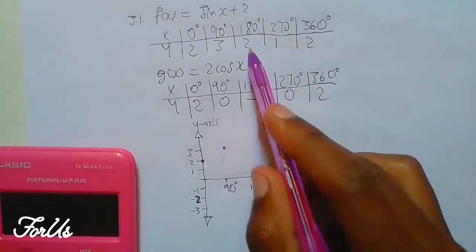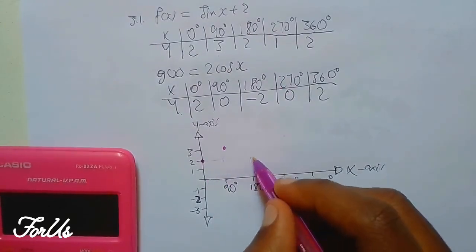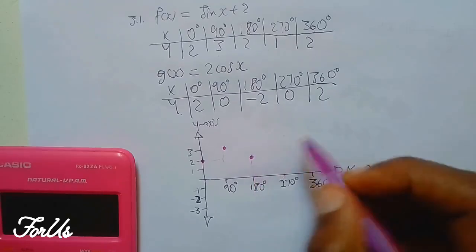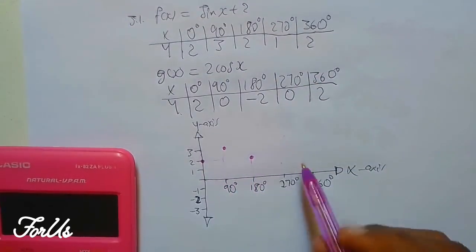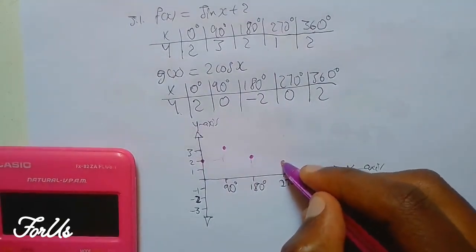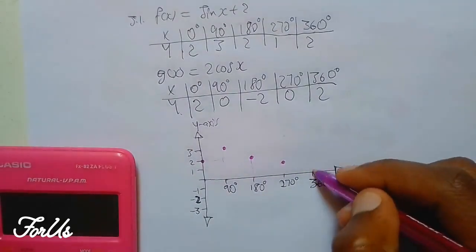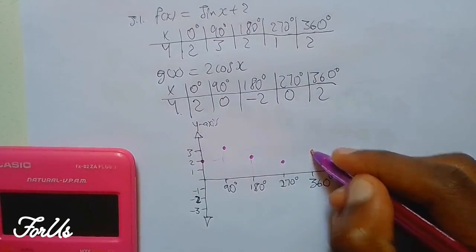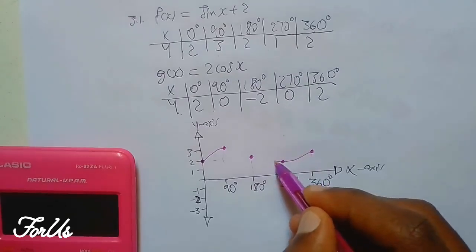Then we have 180 goes with 2. There's 2. There's 180 here. Then we have 270 goes with 1. There's 1 here. And 270 here. 360 goes with 2. We have 360. Then here we have 2.